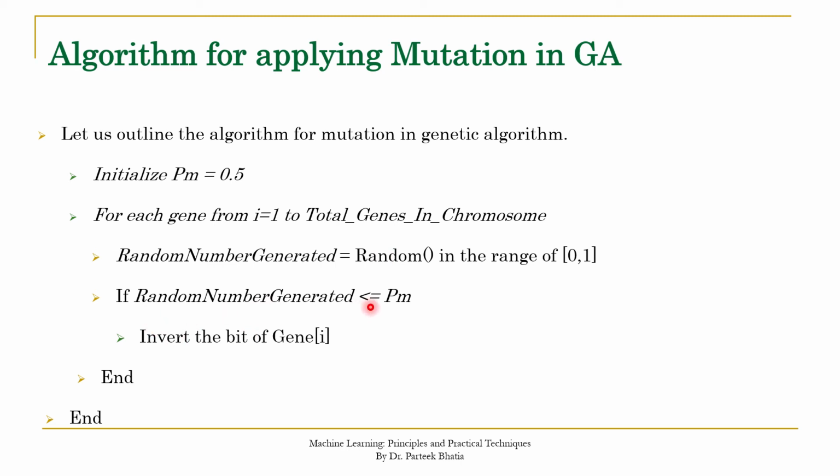If the random number is less than the probability of mutation, or in simple words, if the probability of mutation is more, then we will mutate it, meaning that we are inverting or flipping the gene available at the ith position. Then we will move to i plus 1. We generate a random number, we perform the comparison, and then we perform mutation for i plus 1. In the same way this loop will be performed for all the genes in the chromosome, and that way we are able to implement mutation in a genetic algorithm.